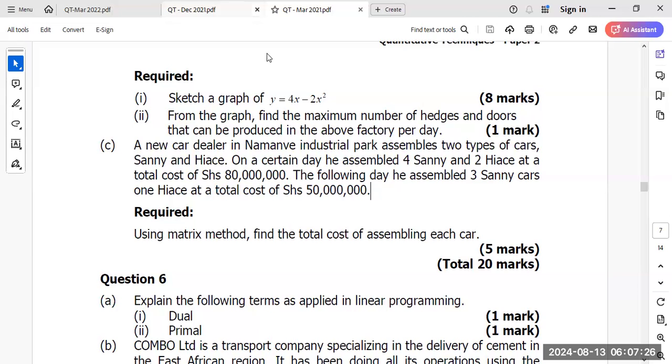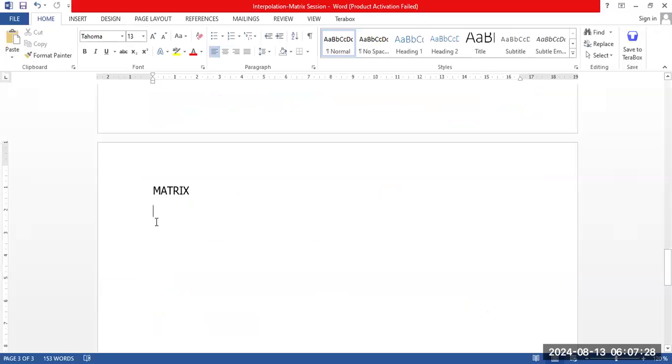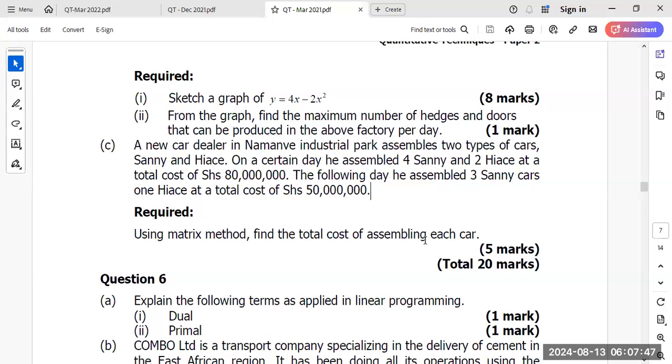So we are going to say rate. You can say rate X or Y, but I can use S. Let S be the cost, because we don't know the cost of assembling each car. That's what we are trying to find out. Find the total cost of assembling each car.